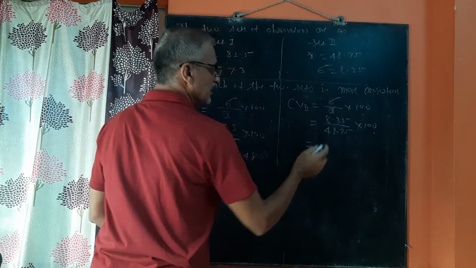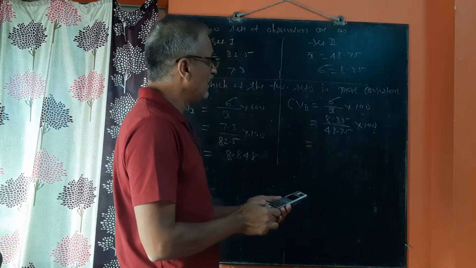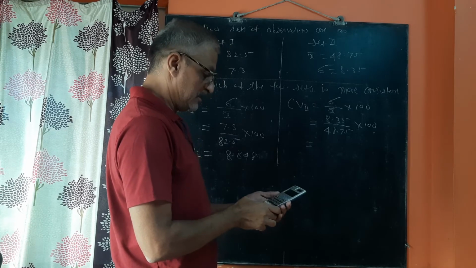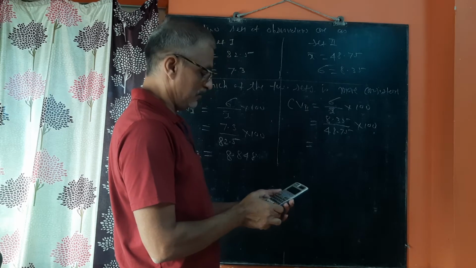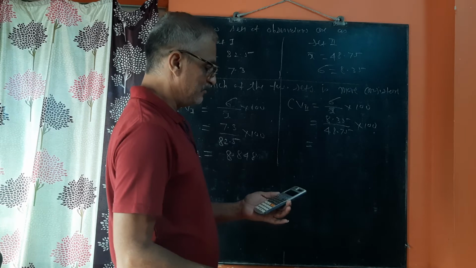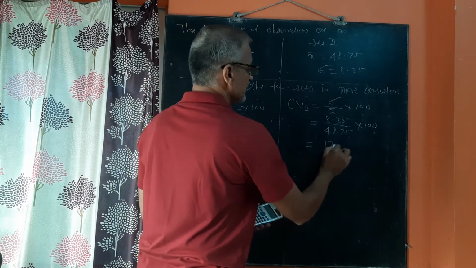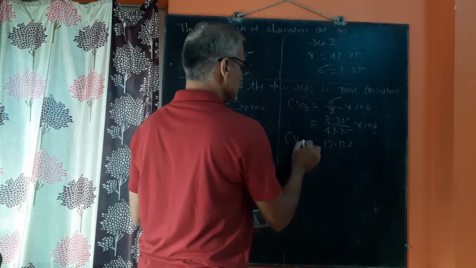So if you calculate it, we get 8.35 into 100 divided by 48.75. It comes 17.128. That is CV of second set.